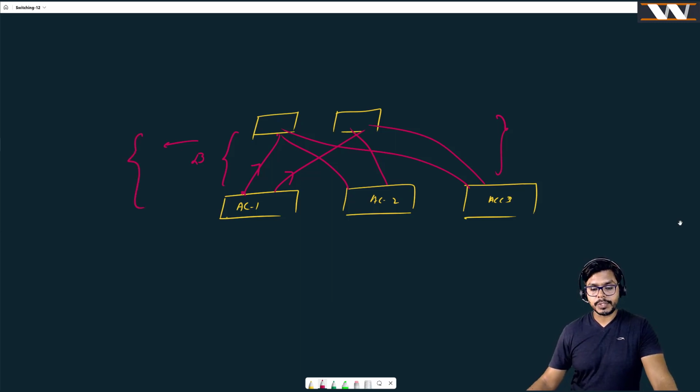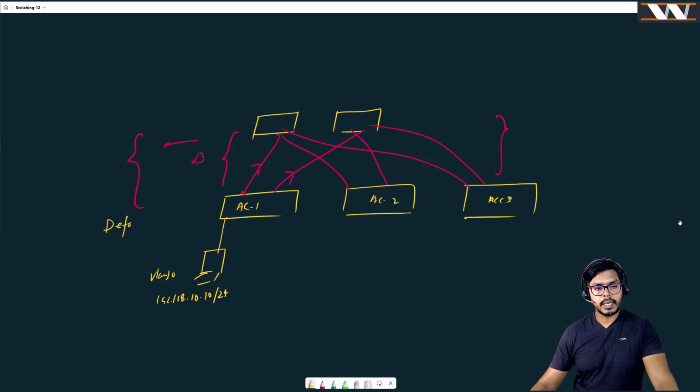But to answer your question, suppose I have a PC here, which is part of my VLAN 10. The IP address is 192.168.10.10/24. The problem is, where should I give the default gateway in this case?